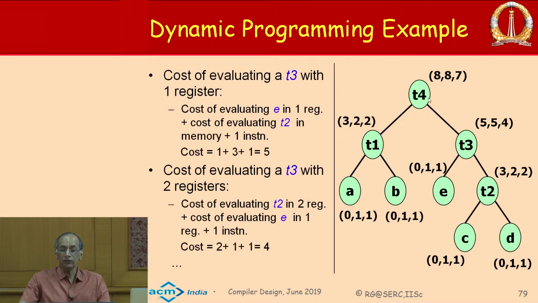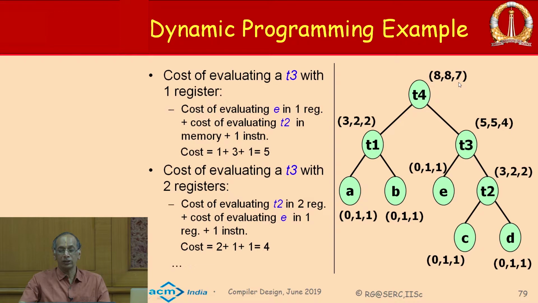Now, if you have 2 registers, then you could have given 2 registers to this and 1 register to that. That is 2 plus 5, 7, plus 1, 8, or you could have given 1 register to this and 1 register to this. That is also 8.